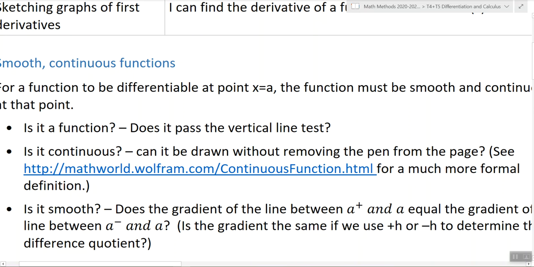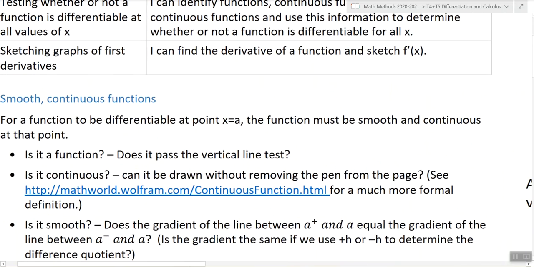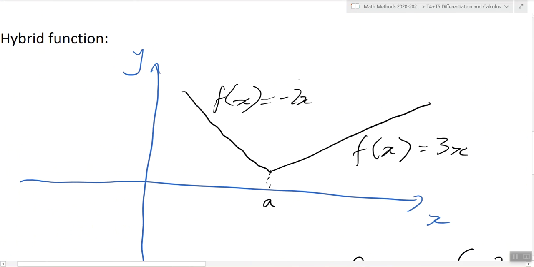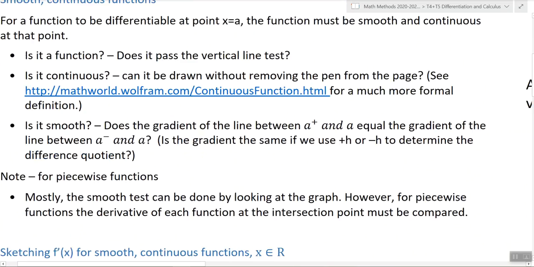Does that kind of make sense? That's what that third point says. Is this gradient equal to this gradient, is what it's saying.